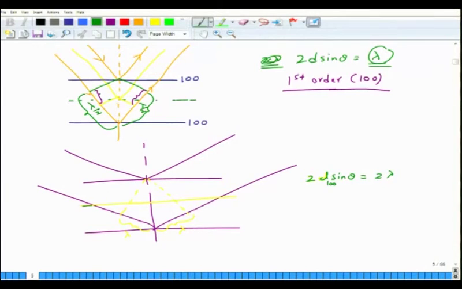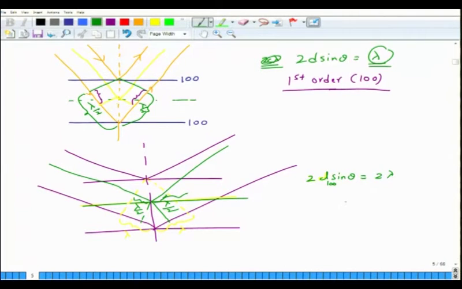If you had a plane in between, then let us say you draw another beam in between, the path difference for this would be now half of that. You can just draw a perpendicular here, this would be lambda, this would be lambda by 2, this would be lambda by 2.